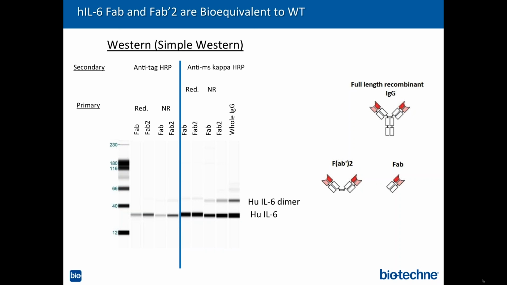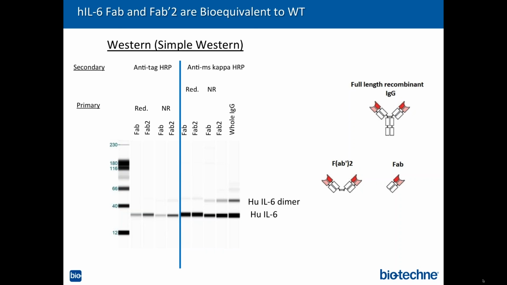And then we came back and detected that with either the FAB or the FAB'2, and as a secondary we used either an anti-tag HRP or an anti-mouse kappa HRP. For this particular example, the anti-mouse kappa HRP gives you better sensitivity as you can attach to more sites on the primary antibody, and it gives you better sensitivity on the gel.